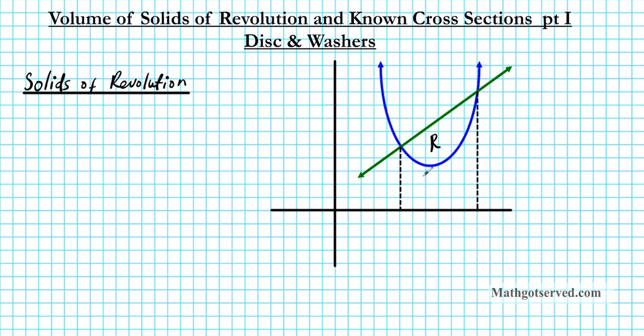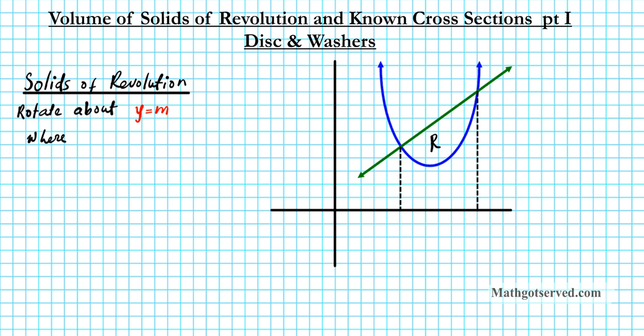So let's start off by rotating this region about the line y equals m, but there's a special condition here where m is basically going to be beneath both functions.